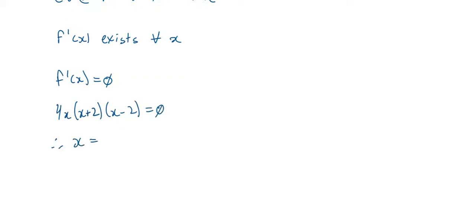So where x equals 0 and plus or minus 2. What do you think we do next? Put it all into our first derivative chart, same as we were doing yesterday.